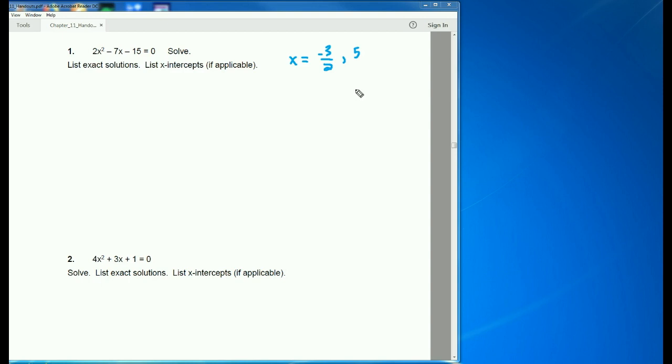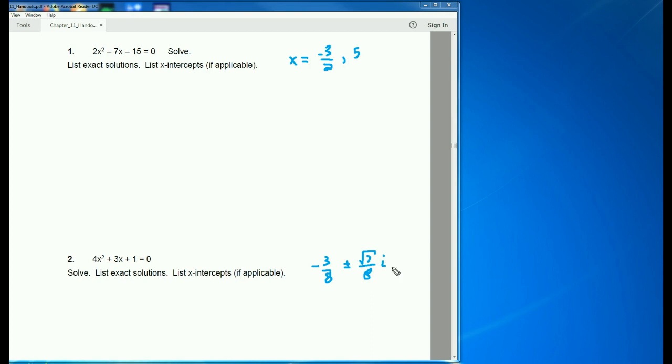Okay. And for number 2, 4x squared plus 3x plus 1 equals 0, your solutions should be -3/8 plus or minus the square root of 7 over 8 i.